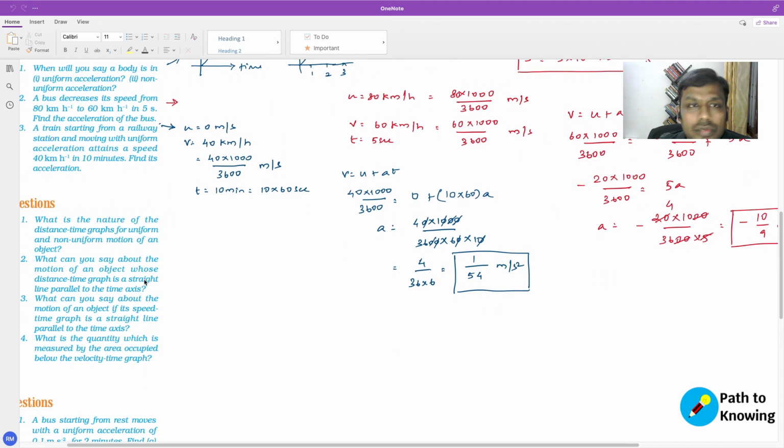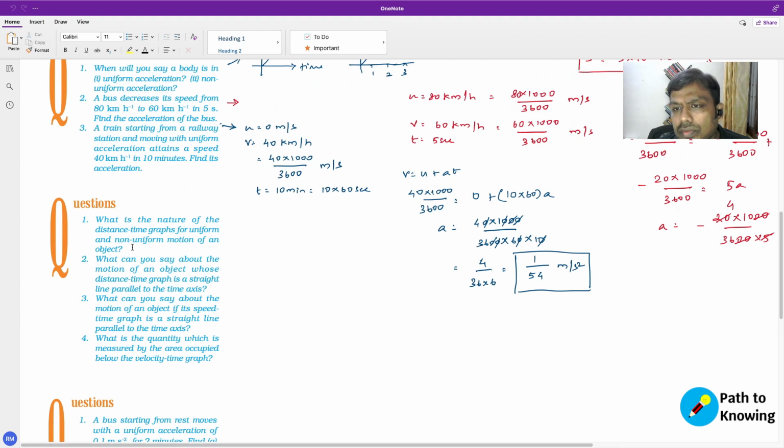Got it. So let's move to the next one. What is the nature of distance time graph for uniform and non-uniform motion?